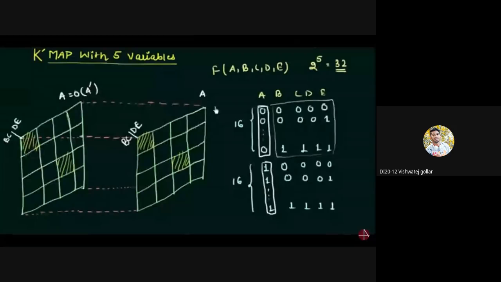Now let's see how to solve a problem in this type of K-map. So I'm going to fill this map randomly.